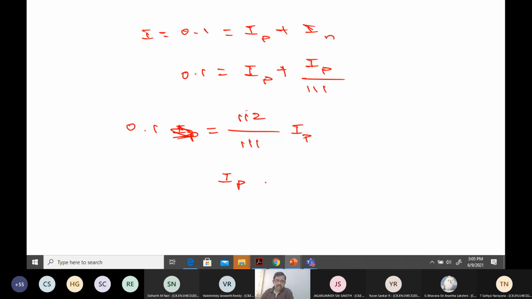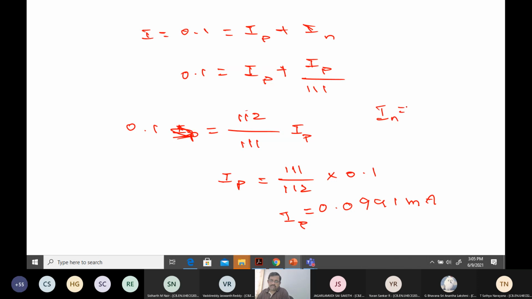So IP will be equivalent to 111 by 112 into 0.1. So it goes to the other side, and you will get almost 0.0991 milliampere for IP.